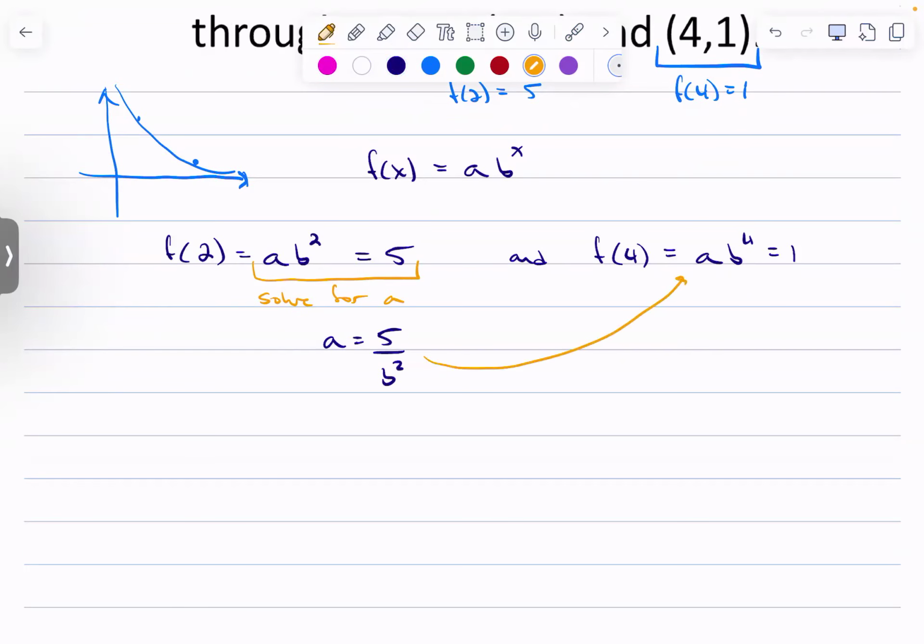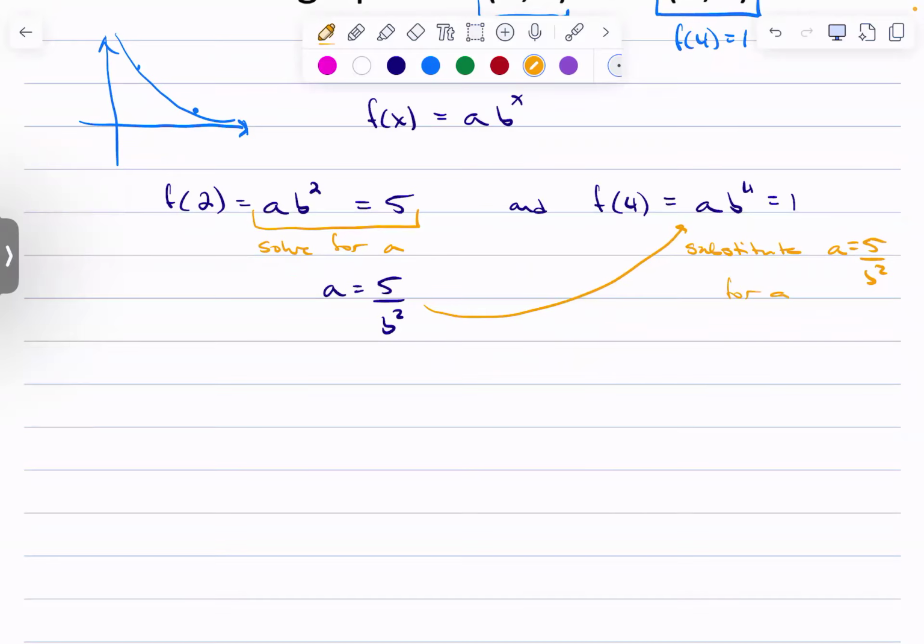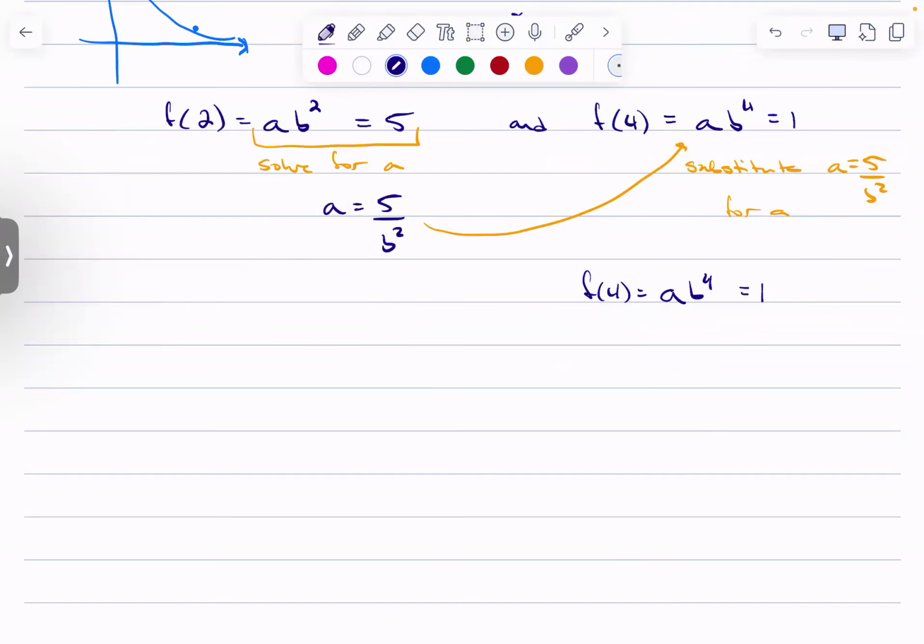Now, substitute a equals 5 over b squared for a. So then I get f of 4. I'll start with a b to the 4 must be 1, where a is going to be replaced by 5 over b squared times b to the 4 equals 1. Notice that I've ditched the f of 4 because it was just a placeholder for 1, really.